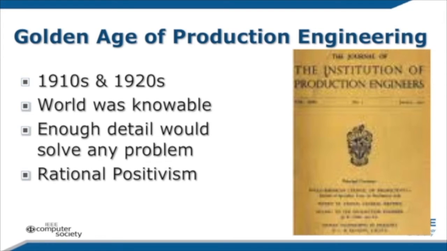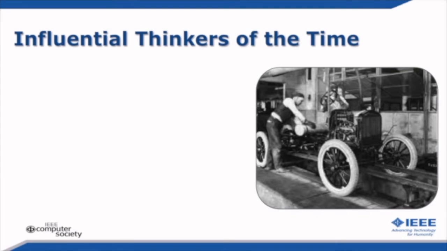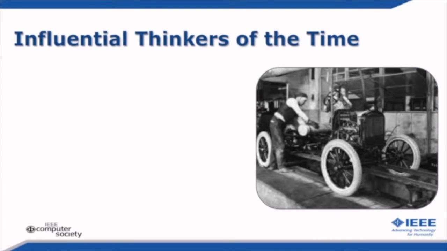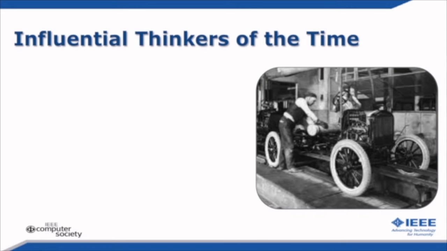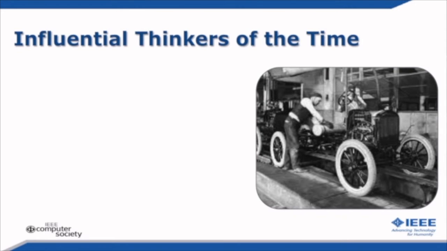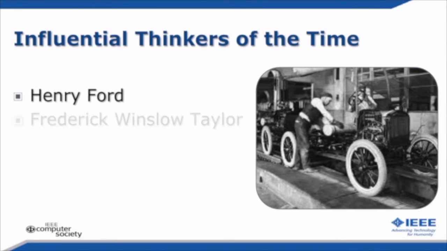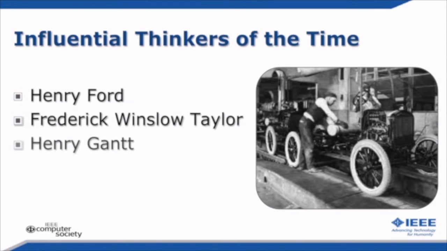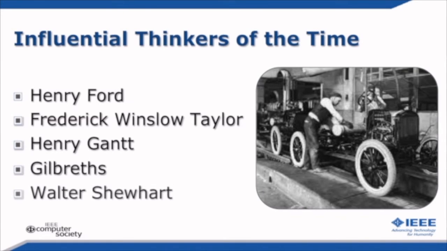If you look at the influential thinkers of the time, you see them driving this idea forward until a few of them began to grasp that there is going to be something more needed in order to solve production engineering problems. These thinkers include Henry Ford, Frederick Winslow Taylor, Henry Gantt, the Gilbreths, of course, and Walter Shewhart.